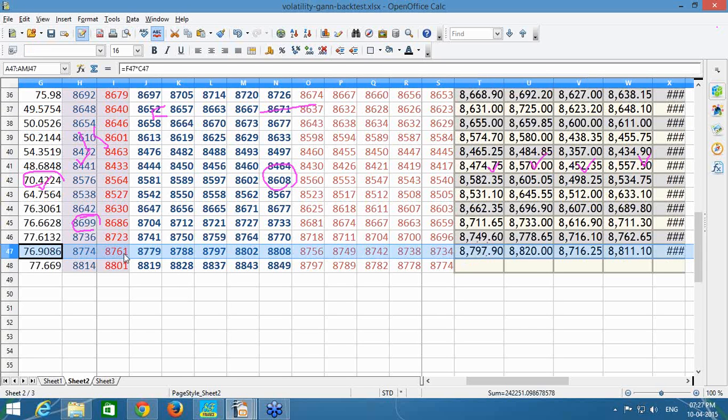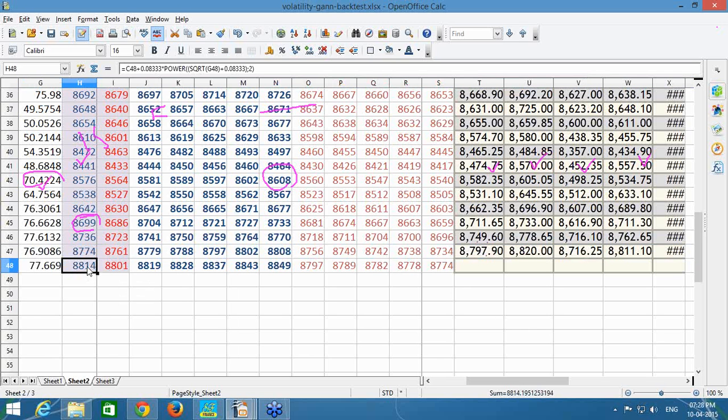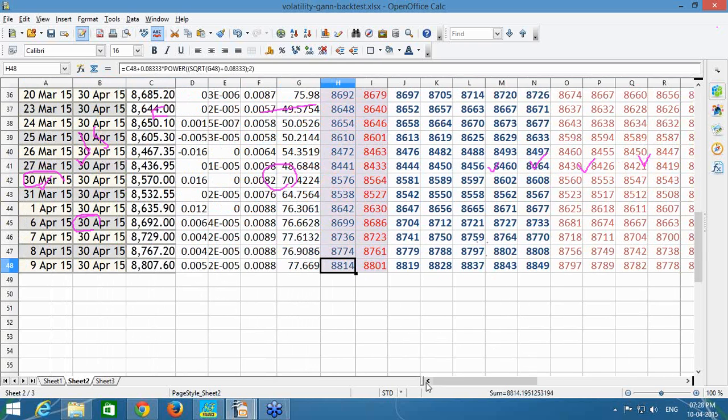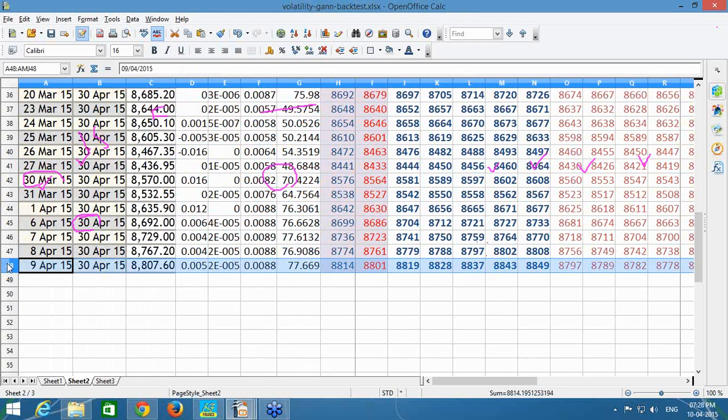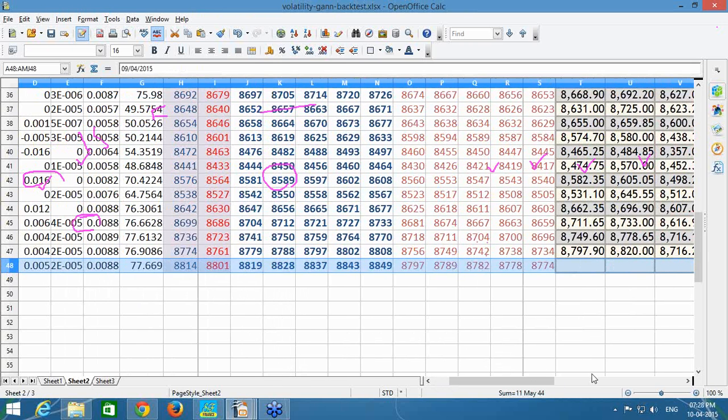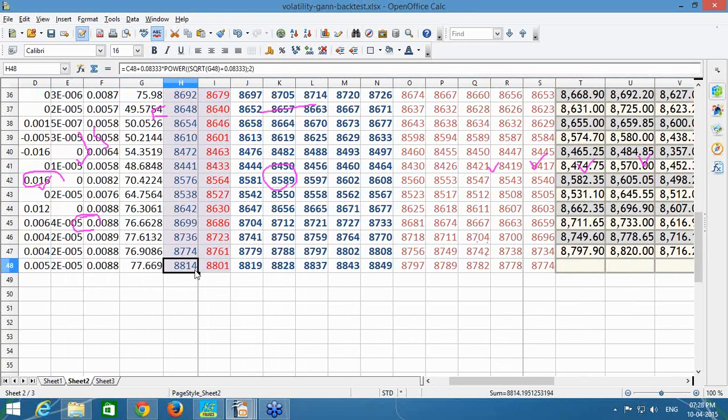If it is opening below 8761, I will sell it for a target of 8734. Sorry, this is not for today; it is the 9th record, I told you by mistake. So 9th April is here. This is the record I have taken for today. This is the reading.